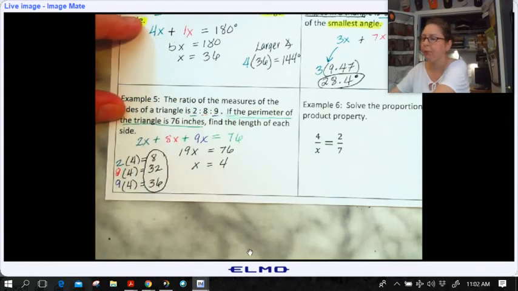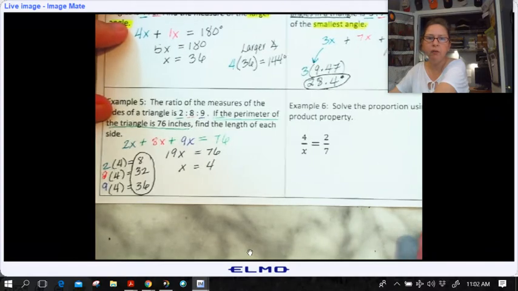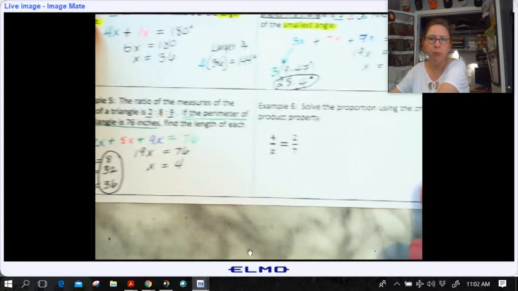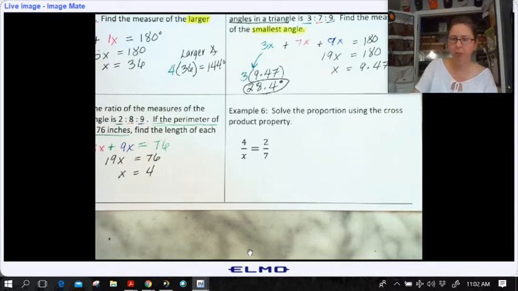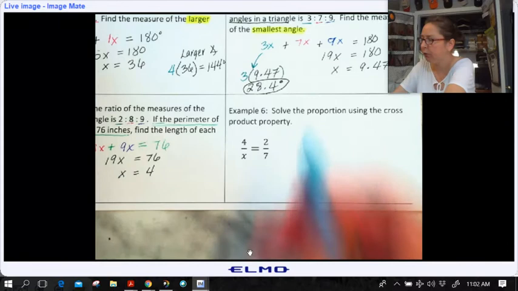Okay. All right, let's transition over into talking about proportions, and using the cross product property. So in our little mini example up at the top, I had all numbers there. In this situation, I'm missing one of my numbers.